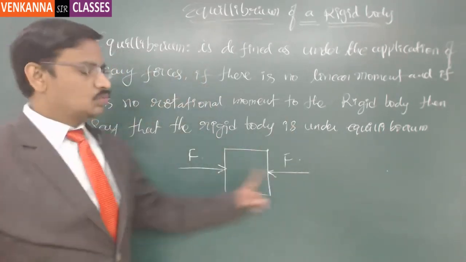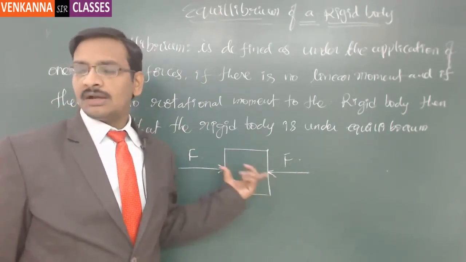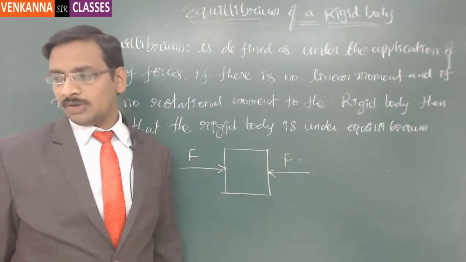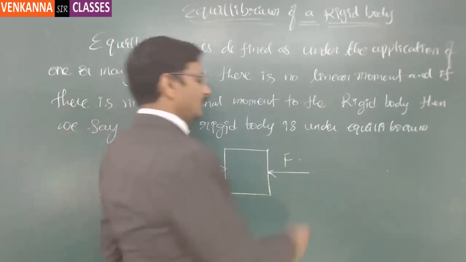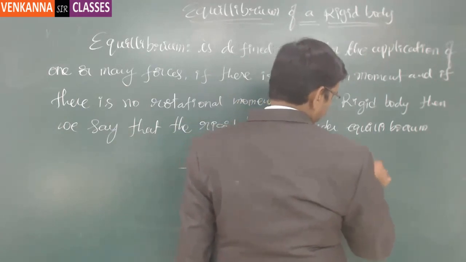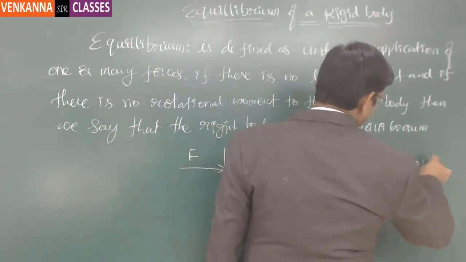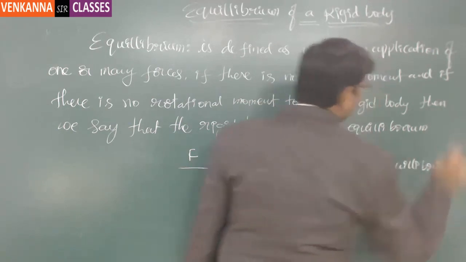Then these two forces, though they are acting on this body, will not produce any linear movement. So this is linear equilibrium. That means no linear movement.